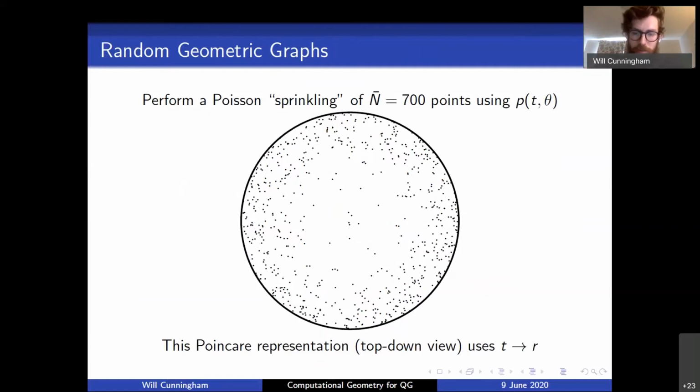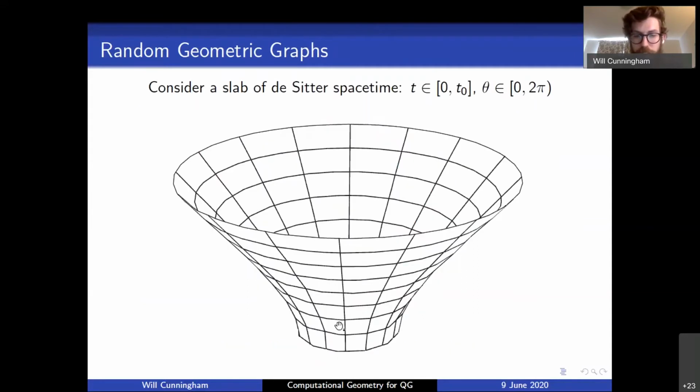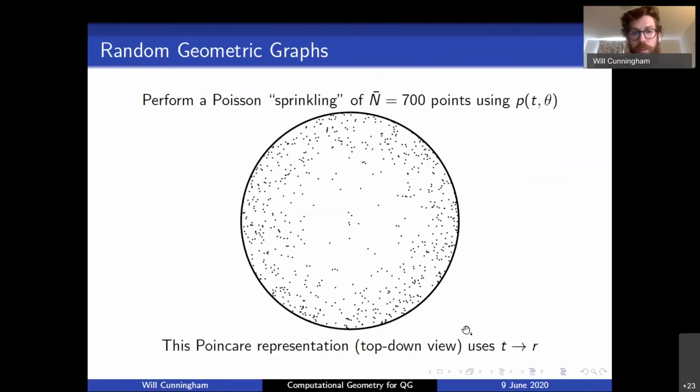What I've done here is I've drawn it from a top-down view using a Poincaré representation. All this says is that the t variable is written as the radius. So the throat here, this lowest point on the de Sitter manifold, which is a circle, is going to be mapped to the center of the circle here.